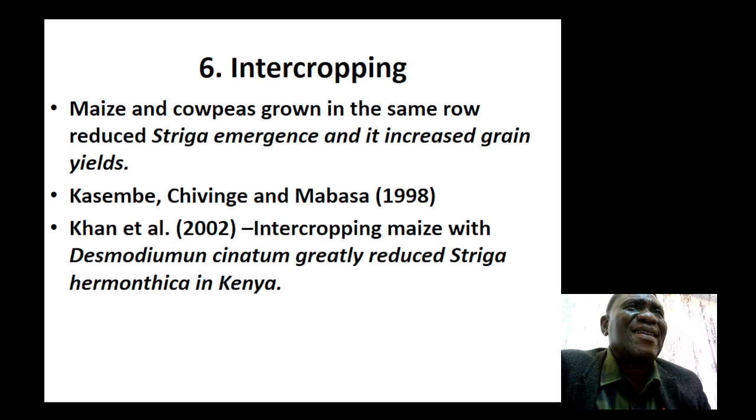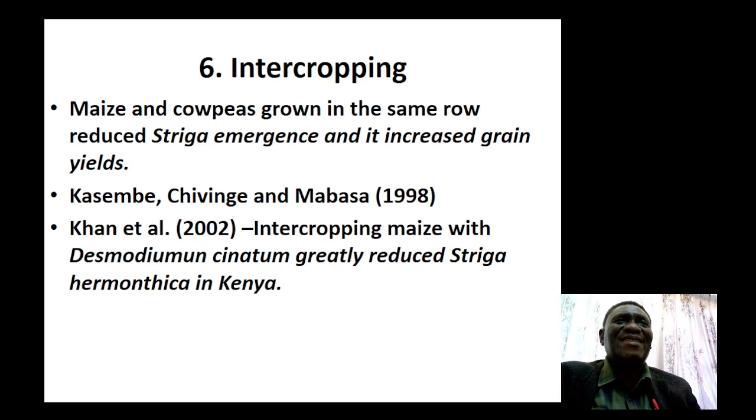Then there is Khan et al., who also did an intercropping with maize, with the Desmodium uncinatum, which greatly reduced Striga hermonthica in Kenya.